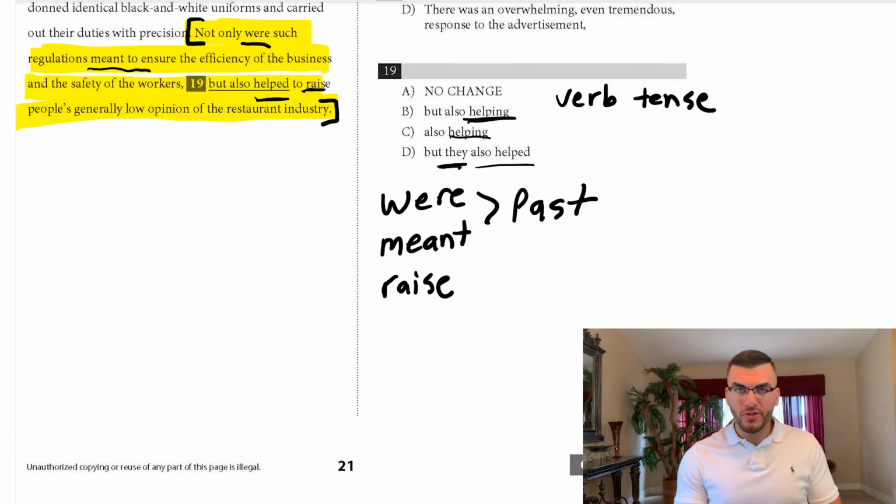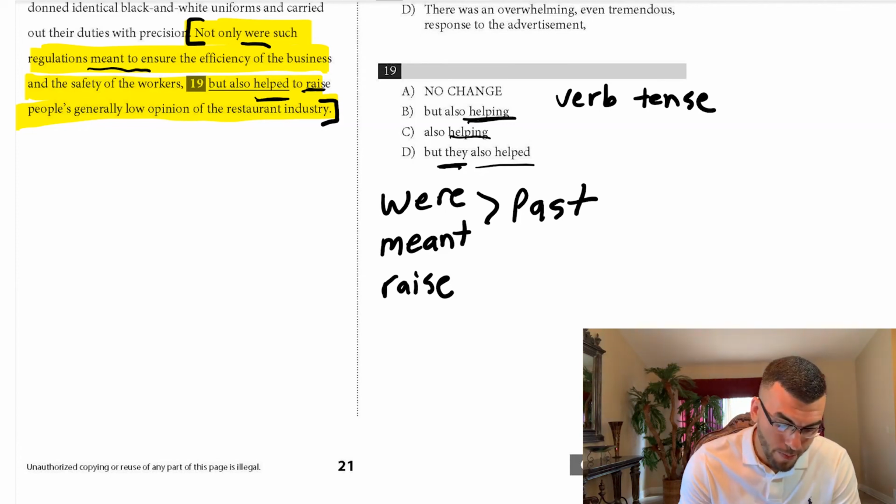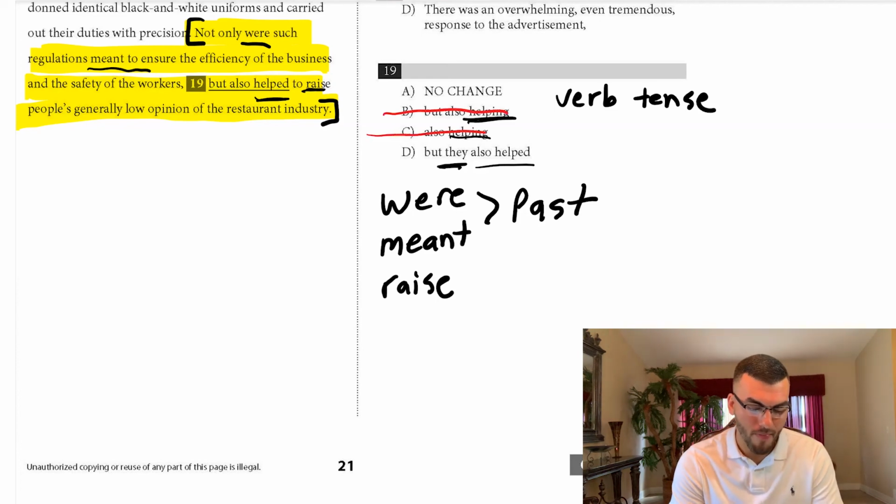So which answer choices are not in the past tense? Which two answer choices can we get rid of because they're not in the past tense? B and C. Helping is not in the past tense. So now we're between A and D, because that has helped. Helped is past tense.